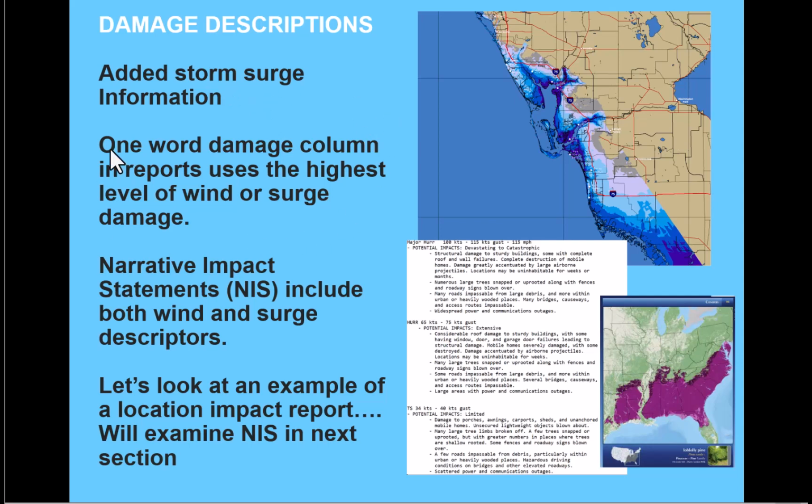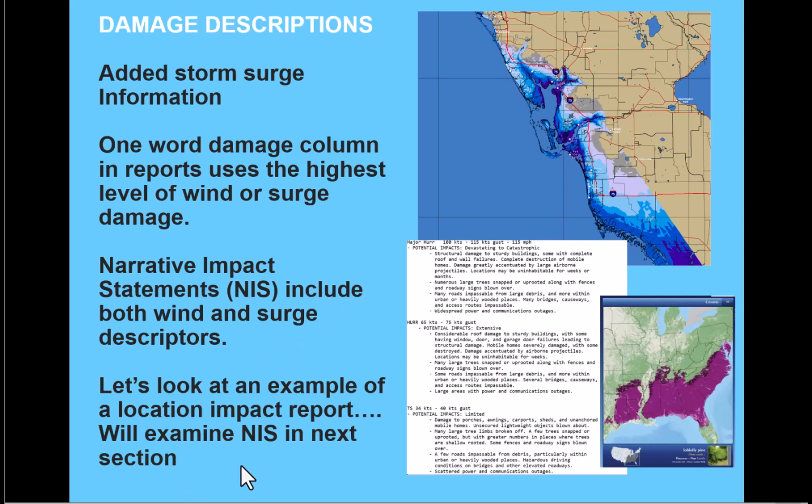The way this shows up on your system is in a couple places. The one-word damage comment in the location-based reports uses the highest level of wind or surge damage. So if you have very strong winds and very little surge, it'll use the wind damage descriptor. If you have very little wind and a strong surge, then it'll use the surge damage descriptor. On the narrative impact statements, it includes both of them, the wind and the surge descriptions.